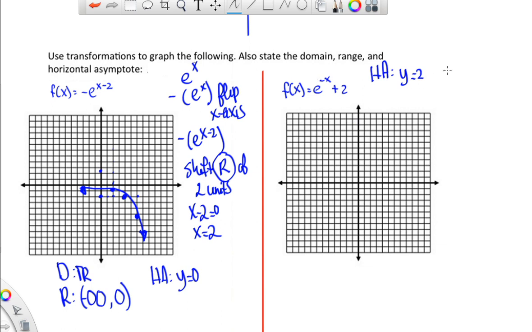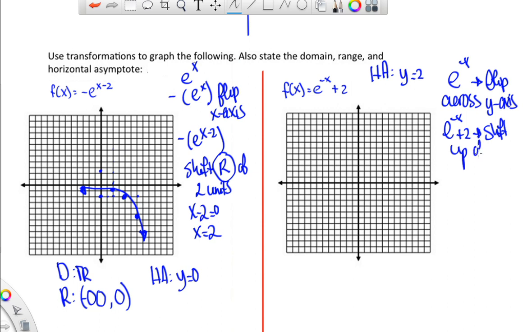So we'll do the e to the negative x first. That is a flip across the y-axis. And then the plus 2 is a shift up of 2.